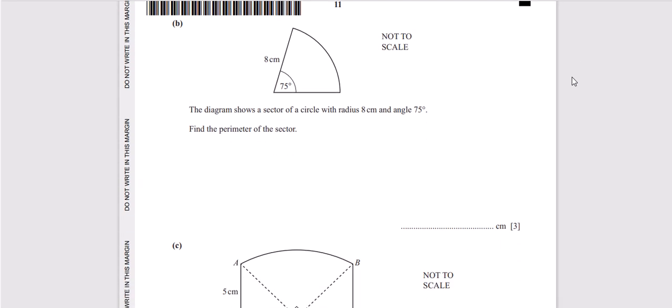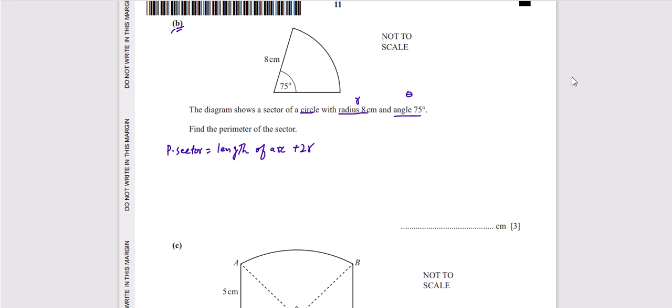Part B. The diagram shows a sector of a circle with radius r and angle theta. Find the perimeter of the sector. The formula to find the perimeter of a sector is equal to the length of arc plus 2r.